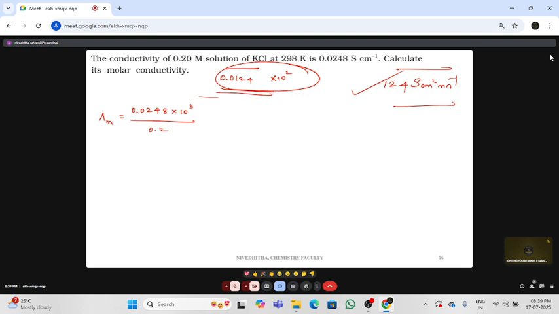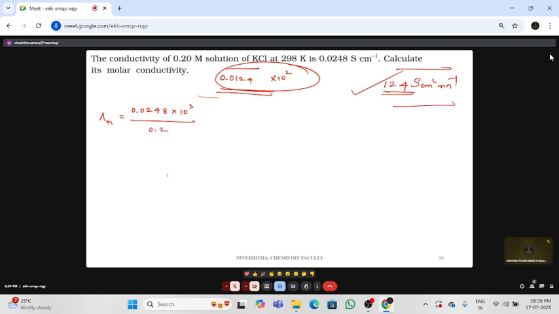Yes, ma'am. So you have to cancel these two values. Okay, ma'am. So this is the answer, 124 Siemens centimeter squared per mole, right?